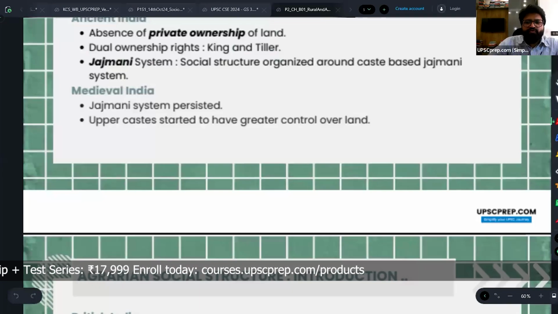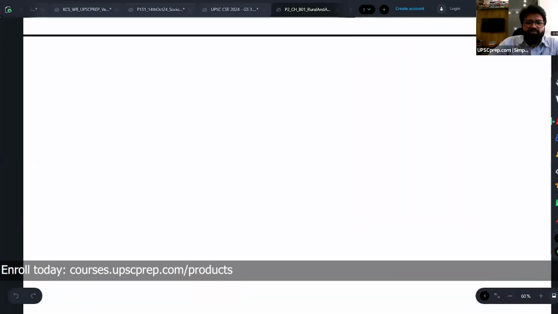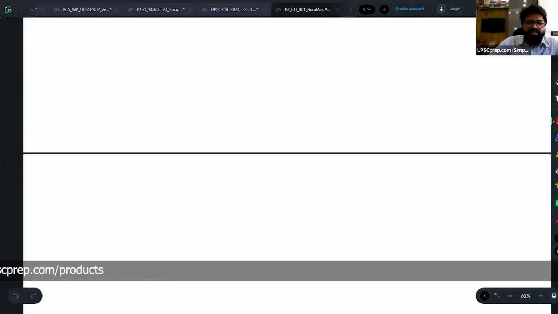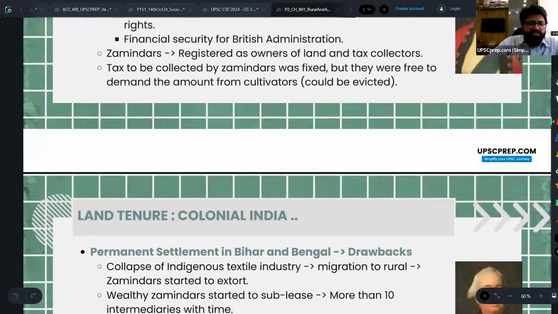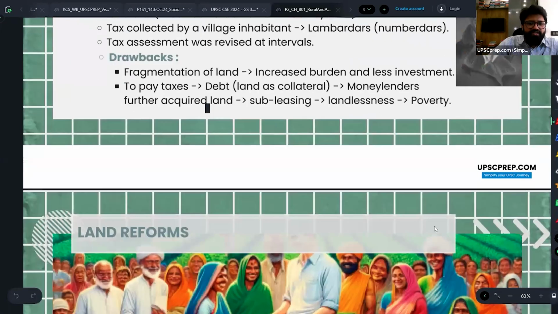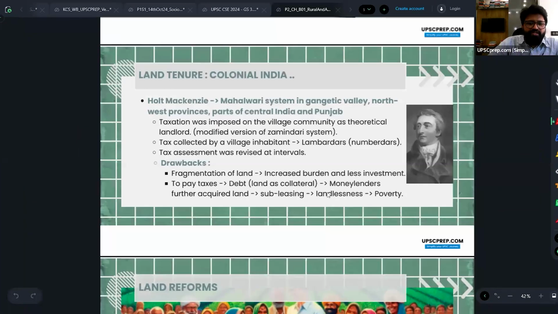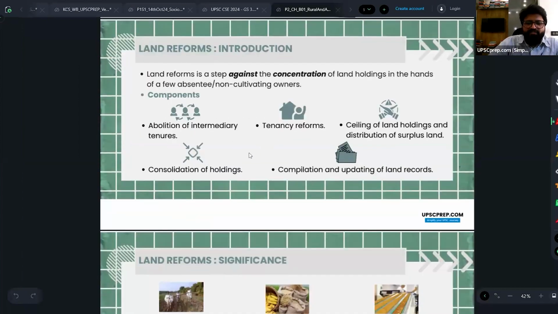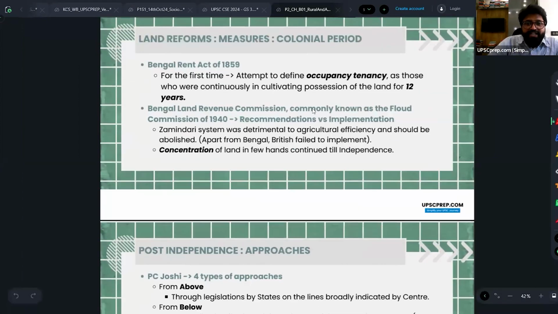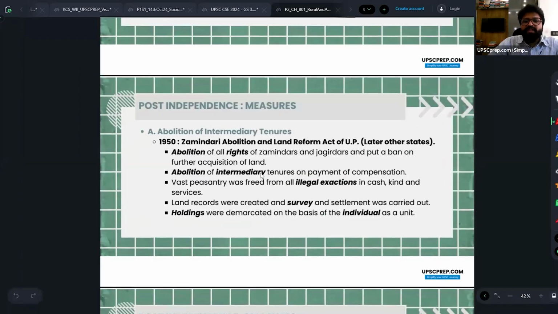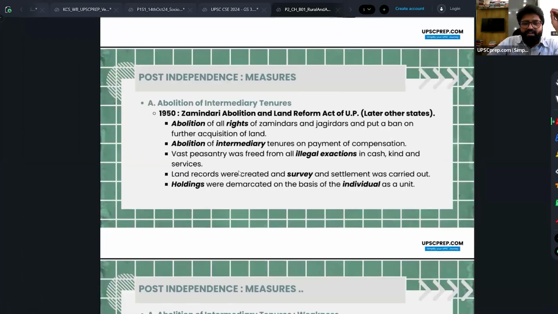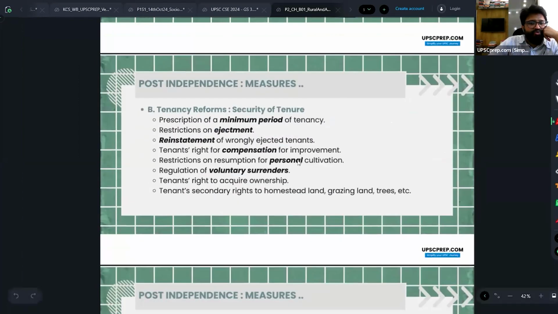In my last few batches, those people could have directly copy pasted whatever we have learned in sociology. See, in so much detail we discuss what land reforms is, what is the importance, and why land reforms has been only successful to some extent in places like West Bengal and Kerala. All those things I've discussed in the socio classes.